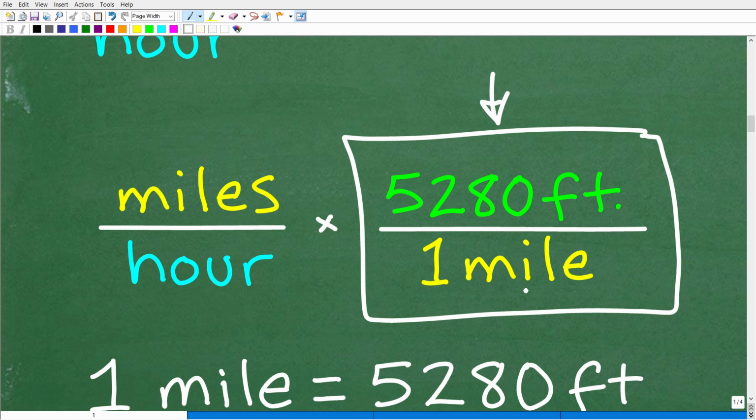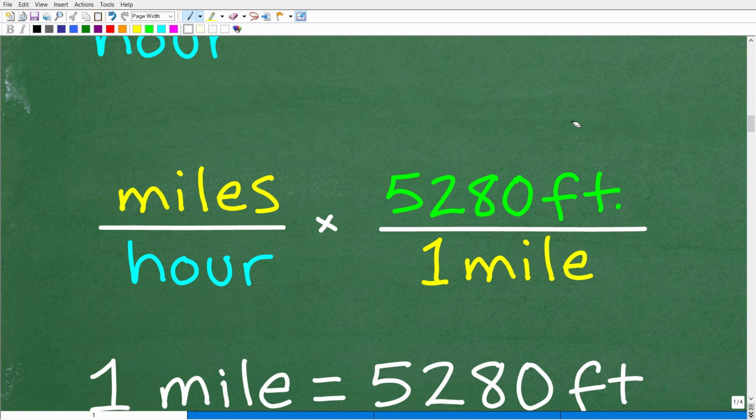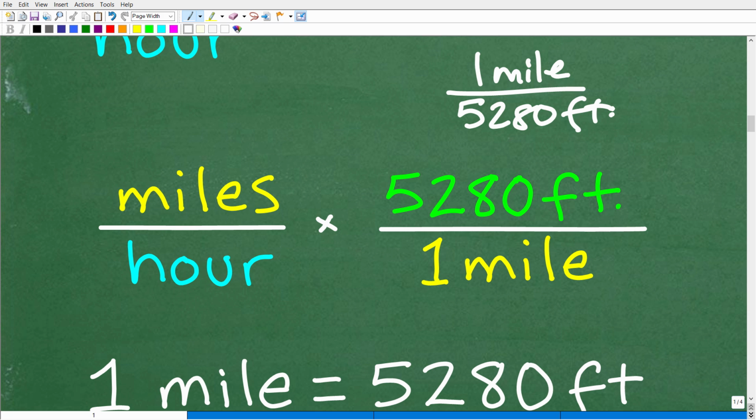Okay, so this is our conversion factor. Now, I could write this same conversion factor, and sometimes I'll need to do it this way, as 1 mile per 5,280 feet. There's nothing wrong with this, and there's nothing wrong with this, but we need to choose the correct conversion factor for our situation.